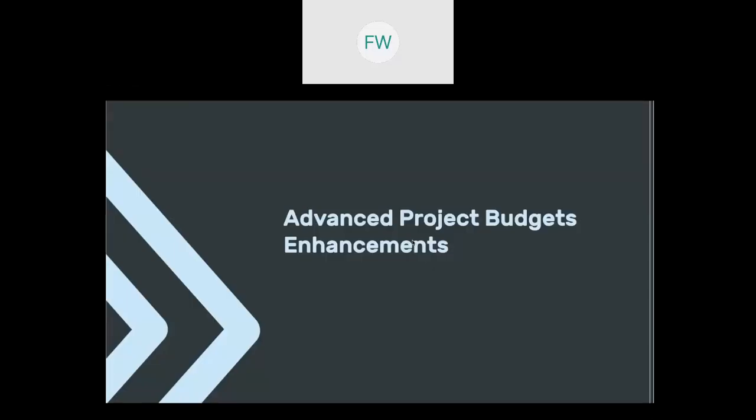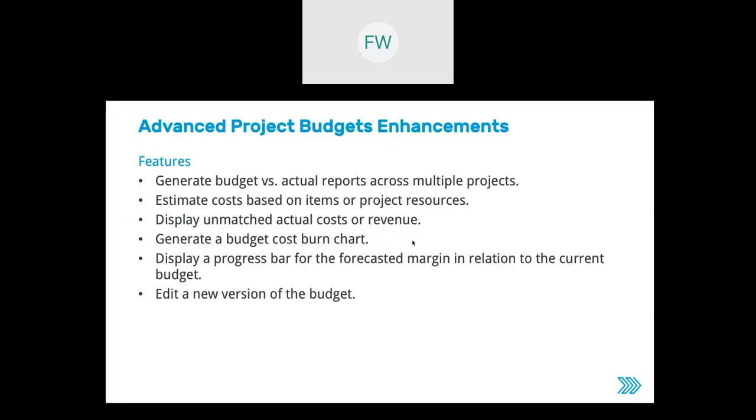And now about the enhancements in 20.1, which you've already seen in the demonstration. So you can generate budget versus actual reports across multiple projects. You can estimate costs based on items or project resources. So you can either insert the cost into your budget manually, or you can use an item or resource to calculate this for you.